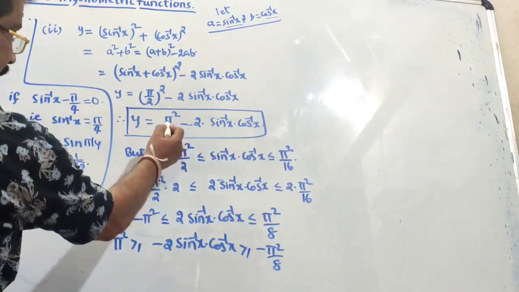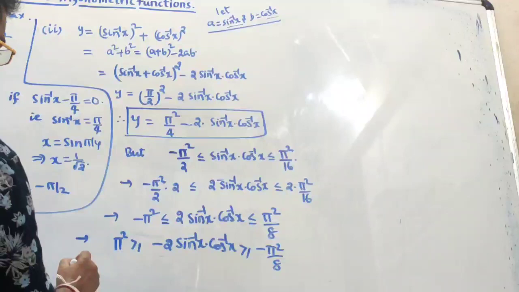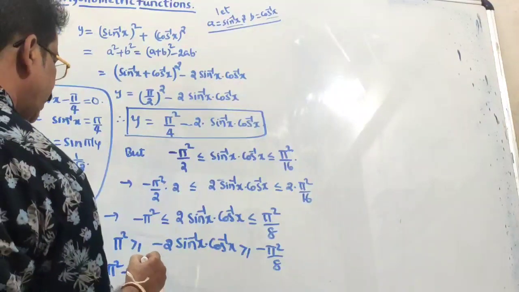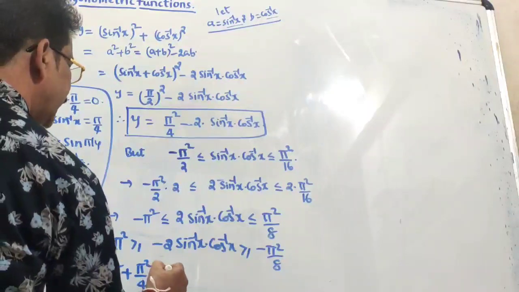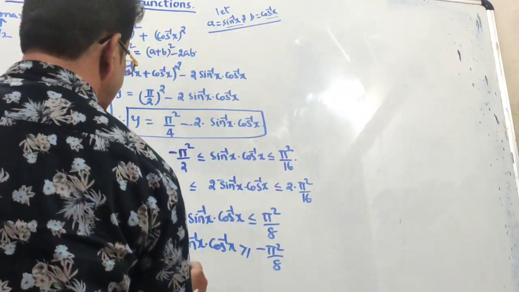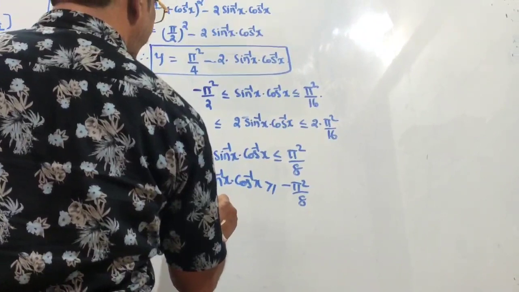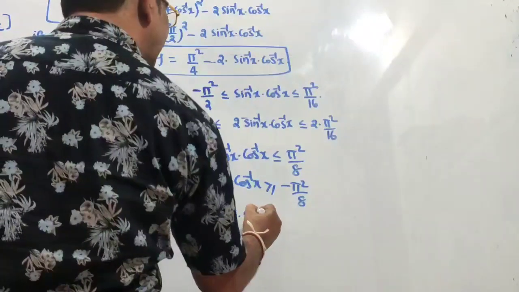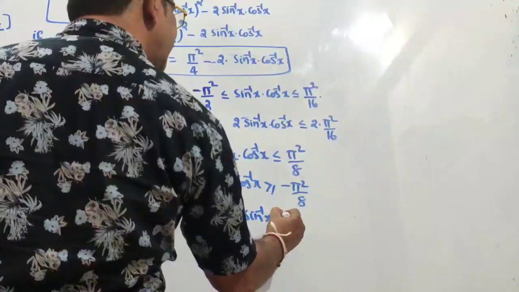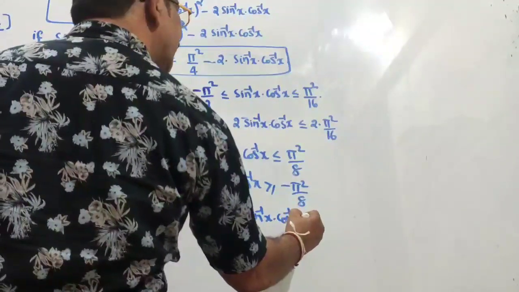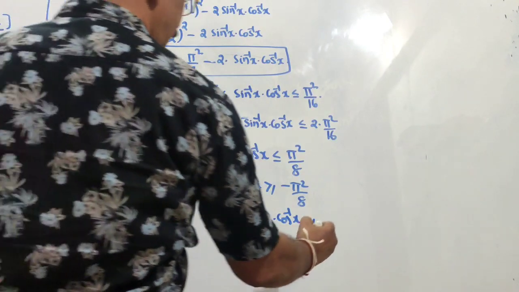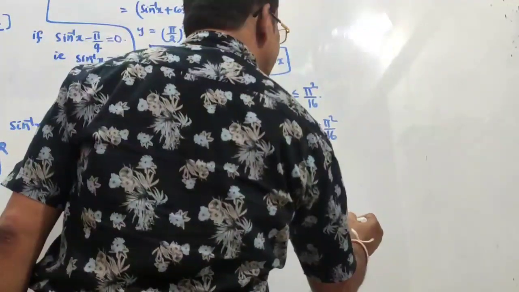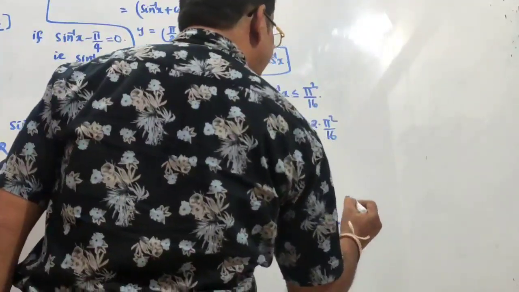Next, adding pi square by 4 on both sides, so pi square already is there, plus pi square by 4 is greater than or equal to pi square by 4 minus 2 sin inverse x into cos inverse x, which is greater than or equal to, adding pi square by 4, minus pi square by 8.